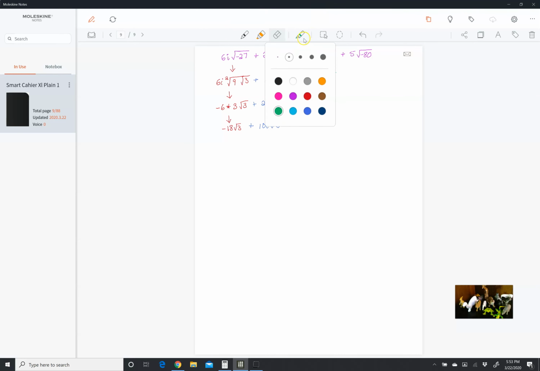And finally, we have the last one. We'll do this one in this pink over here. So the plus just gets carried down. And then it becomes 5i. And the square root of negative 80 can be broken up into, so the negative is what brought out the i.